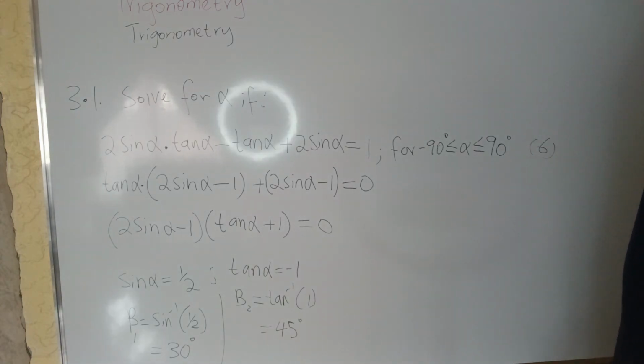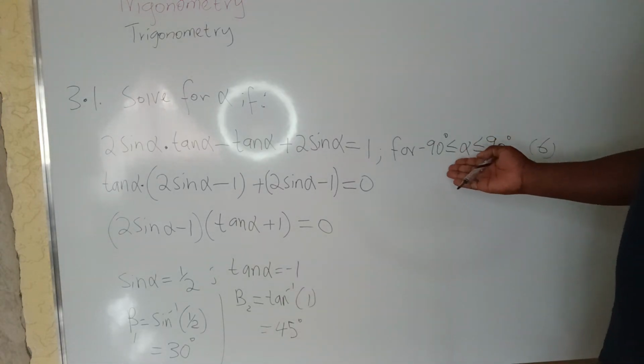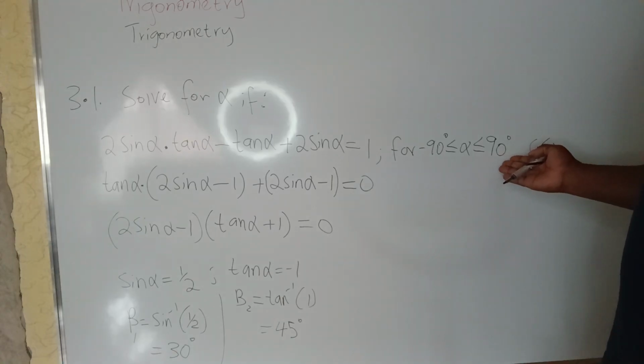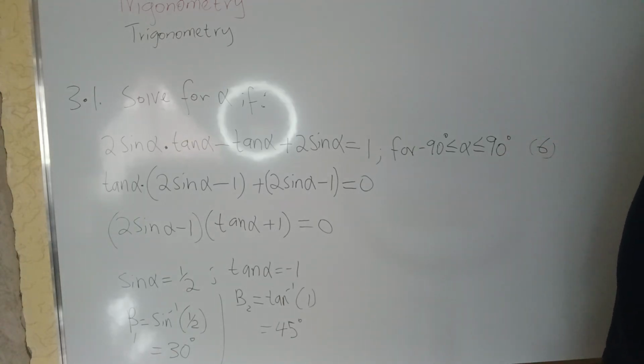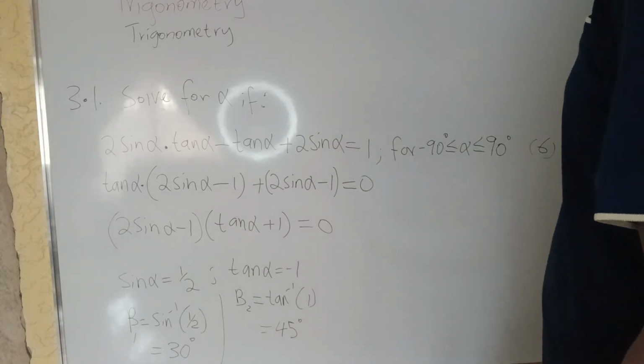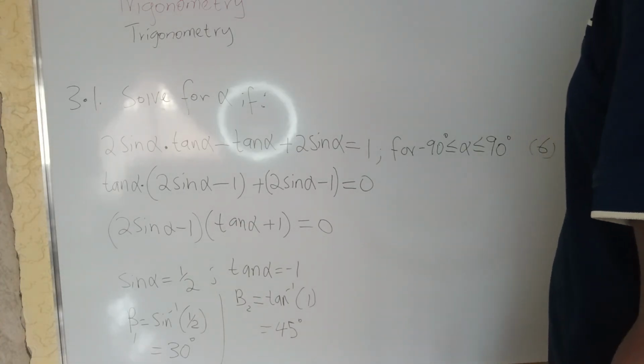Remember, they say alpha is between minus 90 degrees and 90 degrees. So we know that 90 degrees and minus 90 degrees, that is between 90 and 270.